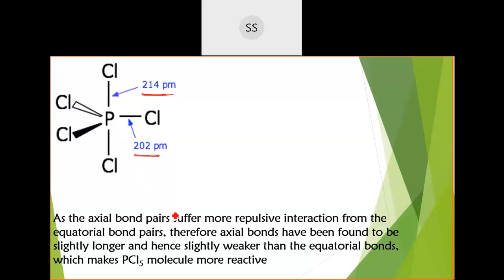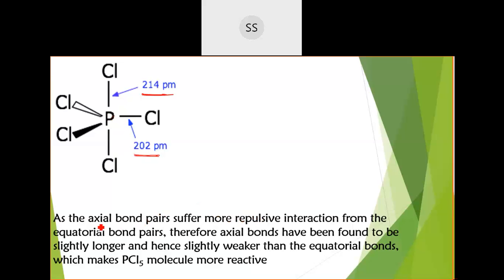If they are different, that means they are experiencing repulsion when they are held together. Since there are so many electrons, everywhere there is an electron cloud. Due to that compact structure, these electrons experience repulsion. The ones above and below the plane, since they are only two in number, will be suffering more repulsion.